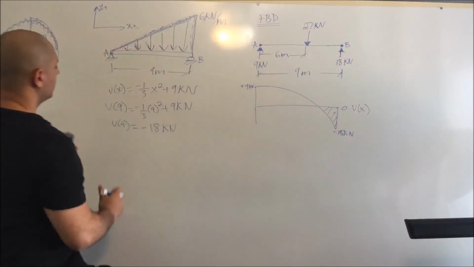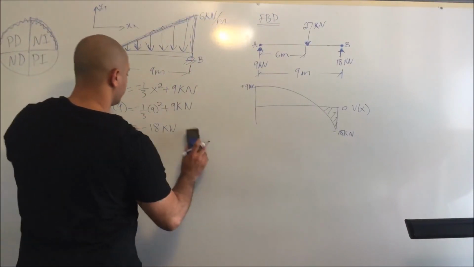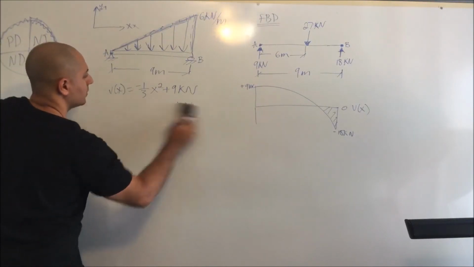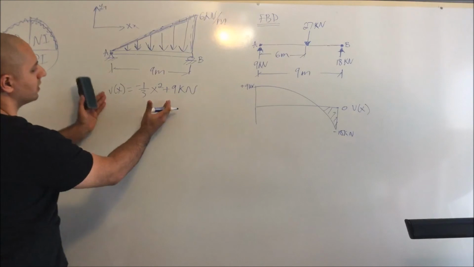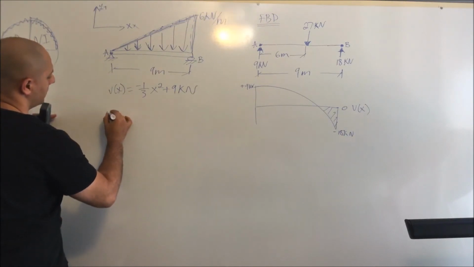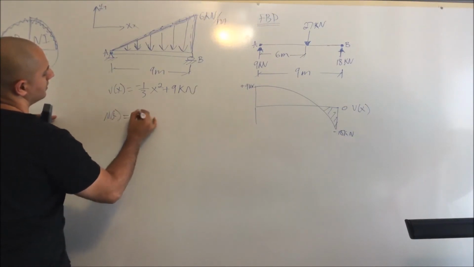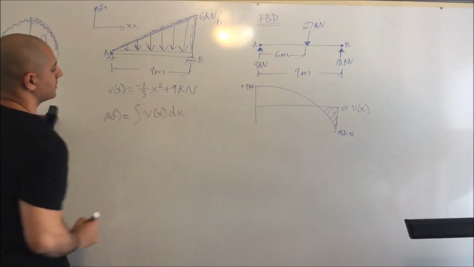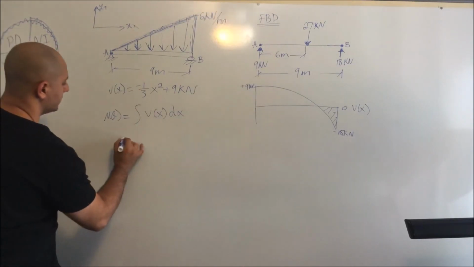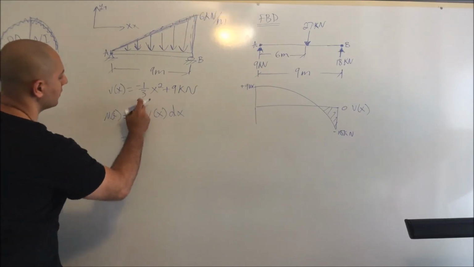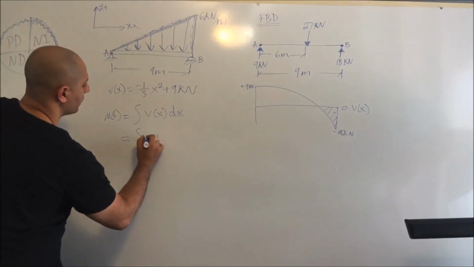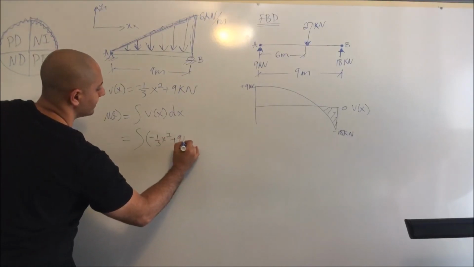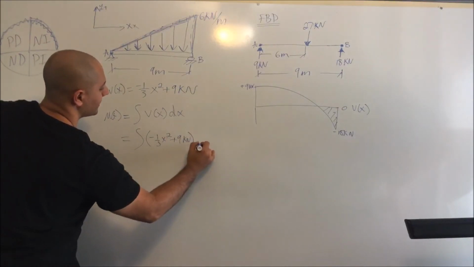To do the moment, if you're not familiar with that, your moment will be the integral of your shear. So moment of x is the integral of V of x dx. So what I need to do here is take the integral of this formula, negative 1/3 x squared plus 9 kilonewtons dx.